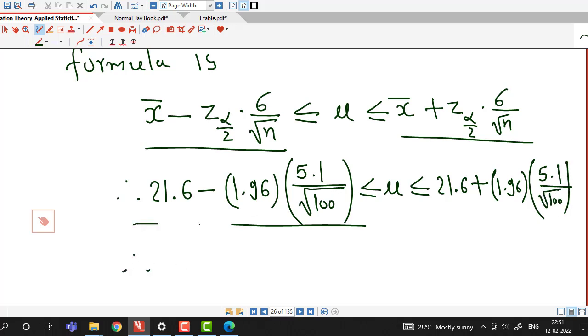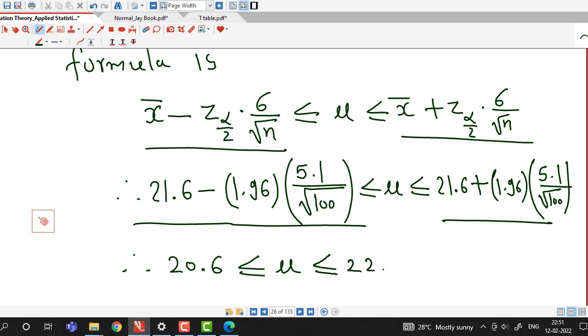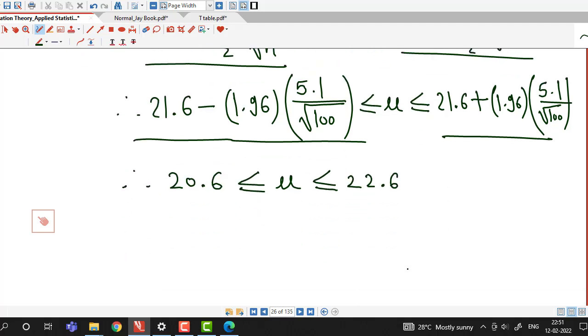After calculating these two quantities, we obtain that the confidence interval is 20.6 less than or equal to population mean mu less than or equal to 22.6. So the interval which contains the population mean is 20.6 to 22.6 with 95% confidence.